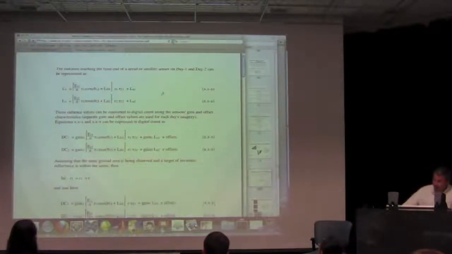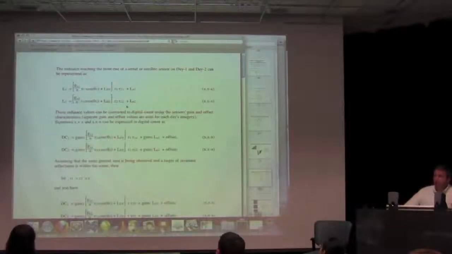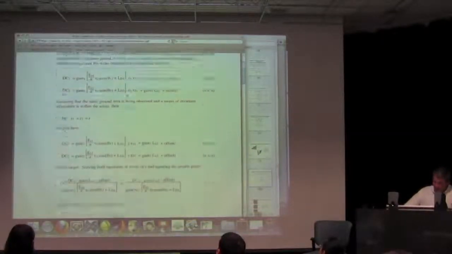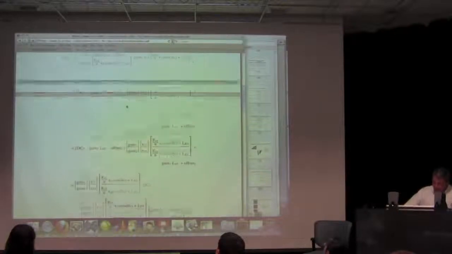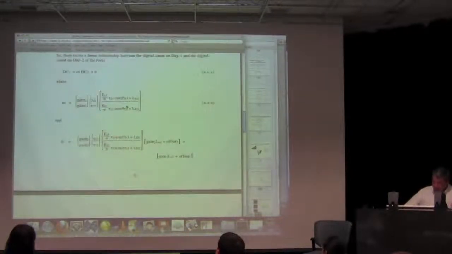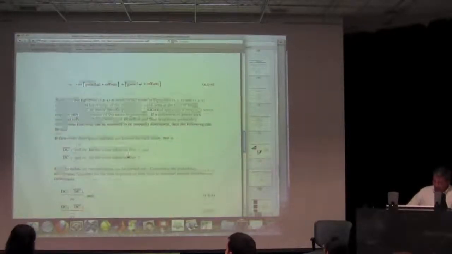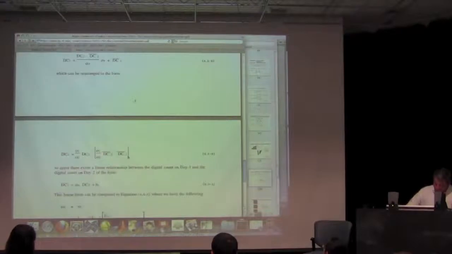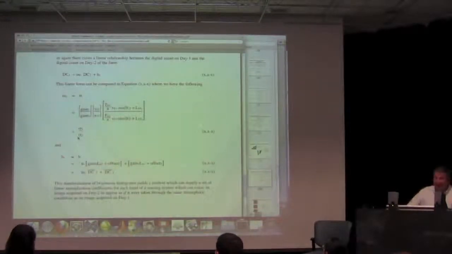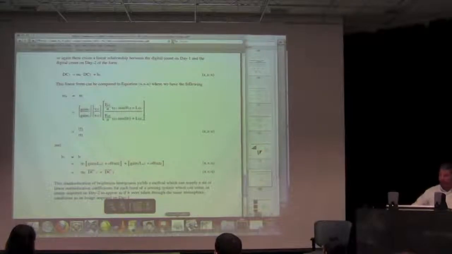So you can take a look at this. It's just the radiance on day 1, the radiance on day 2. Here are their original equations. And then I go through here and come up with the slope and the intercept terms that we have on the next slide. Eventually. There they are. There's the slope term and there's the intercept term. So take a look through that.